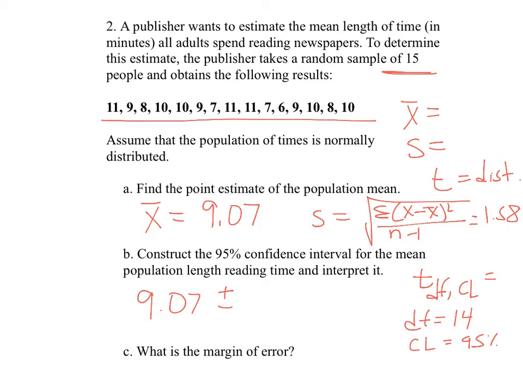If you want more help reading the t-table, please refer to the lecture on reading the t-table. Confidence level 95% with 14 degrees of freedom gives us a t value of 2.131. Then of course we multiply that by our standard deviation over the square root of n.